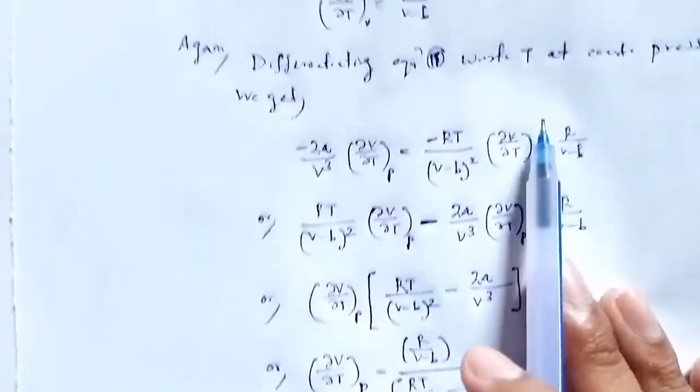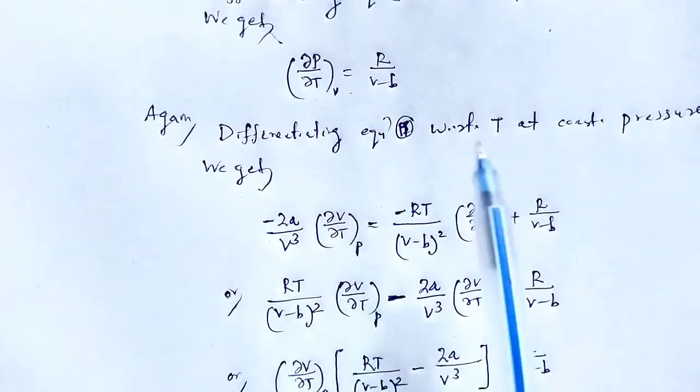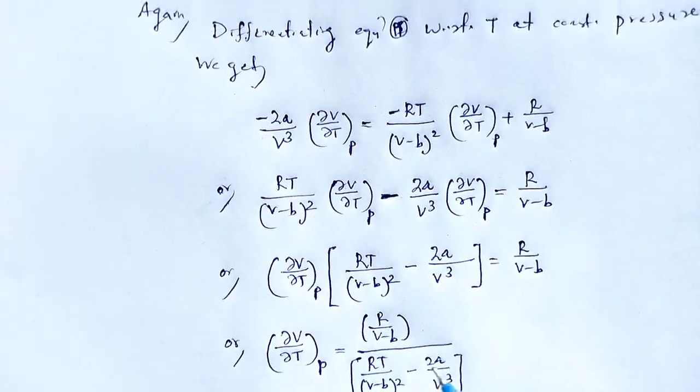We get del P by del T at constant volume and del V by del T at constant pressure.